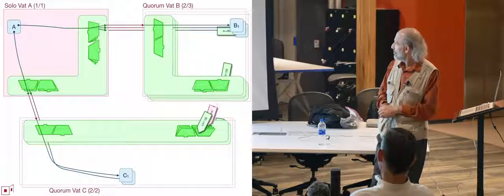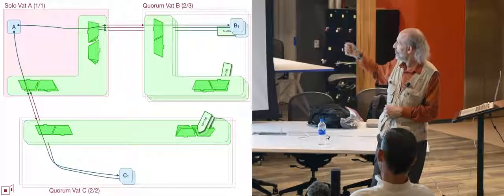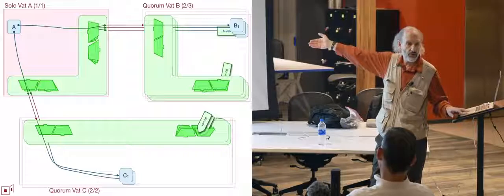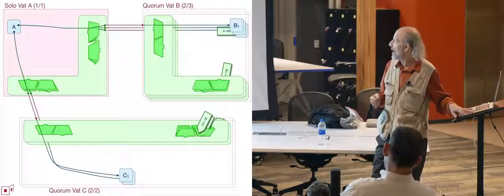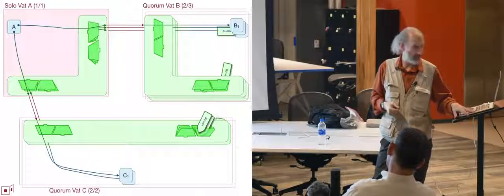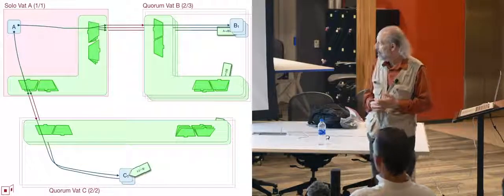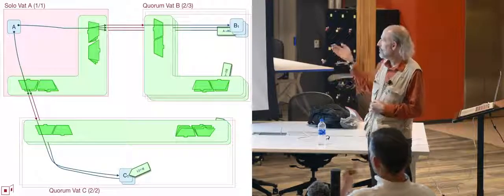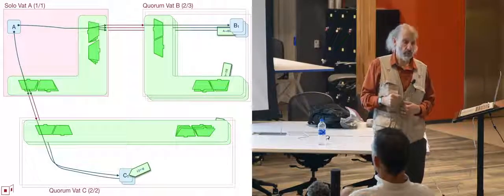And now, one of the places it gets multicast is the first host of VAT-C that now has 2 out of 3 evidence, which by the definition of VAT-B is adequate evidence. So at this point, that fan-in device can release the message, and it's now a message that's taken to be from that B as a whole.